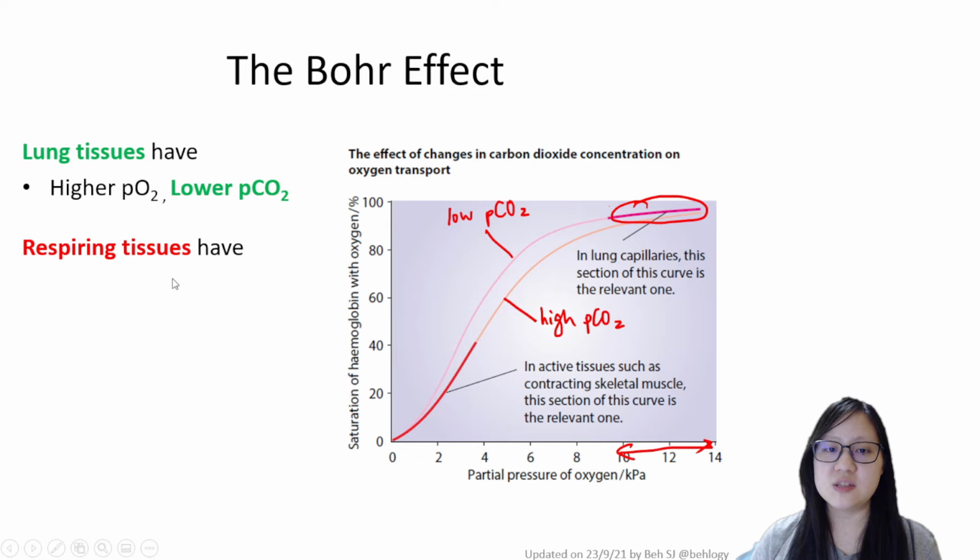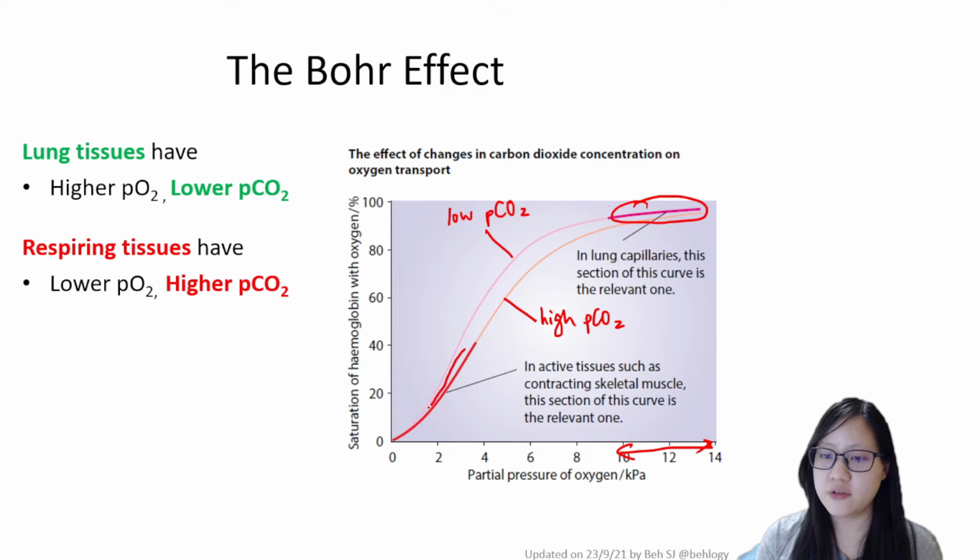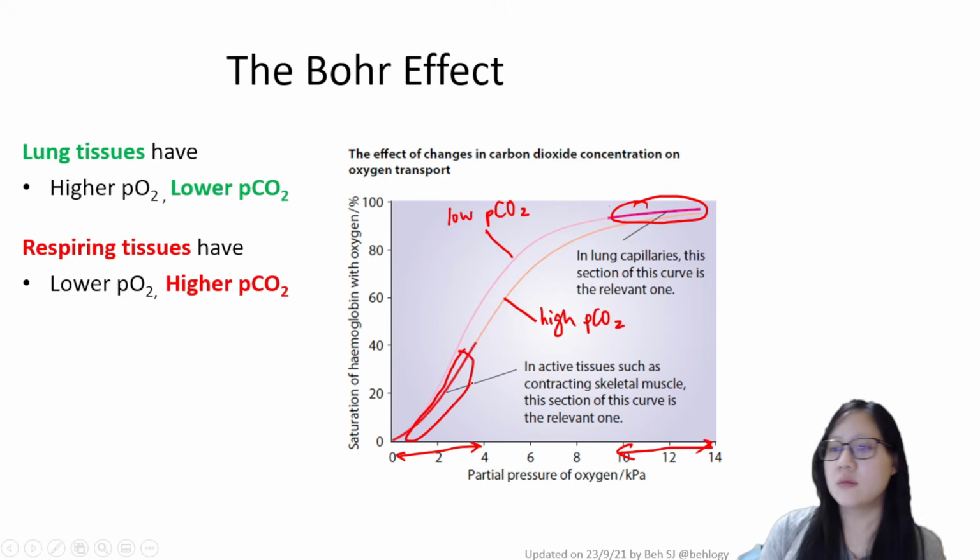How about for respiring tissues? Respiring tissues have lower PO2 and higher PCO2, and therefore the relevant section of the curve would be this one. This line is for high PCO2, and it is in this region where partial pressure of oxygen is low. Now, what does this tell us?